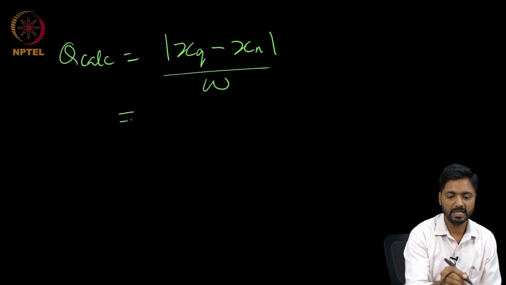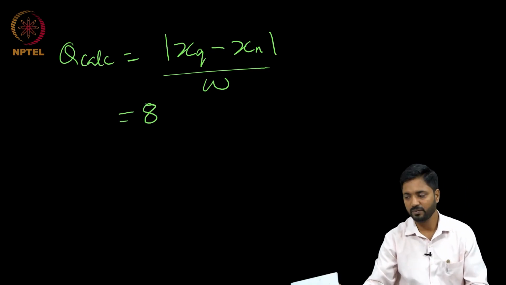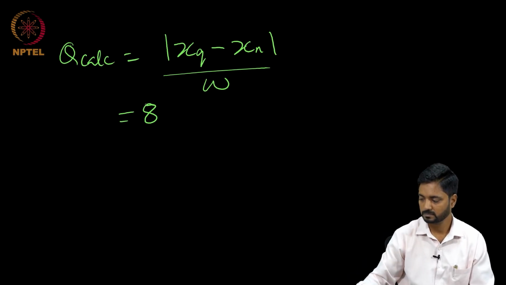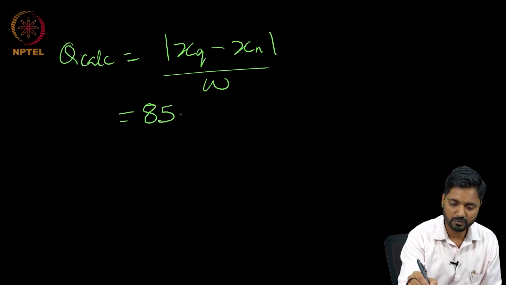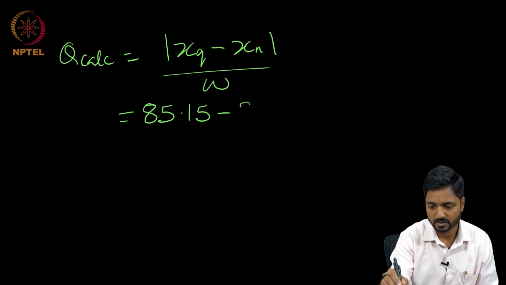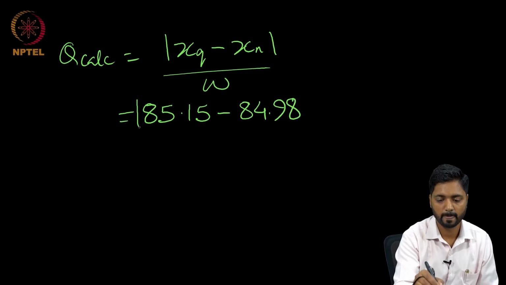For the data set at hand, for the reading which is 85.15, this is how we will do the calculations.